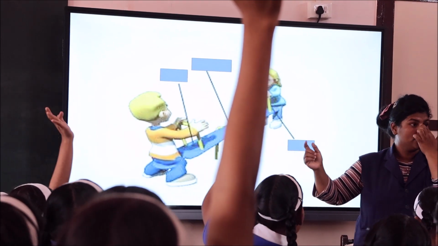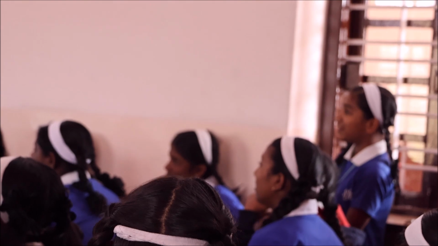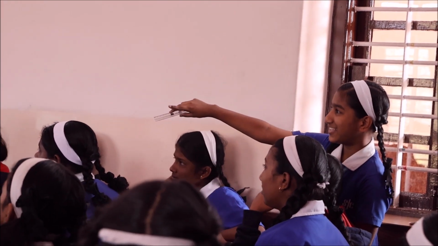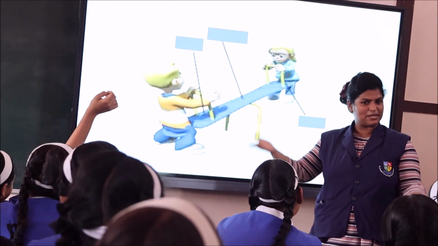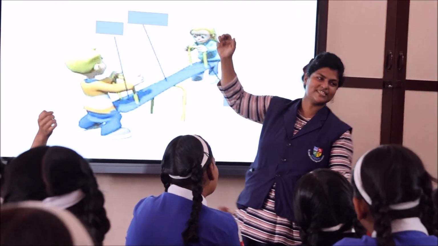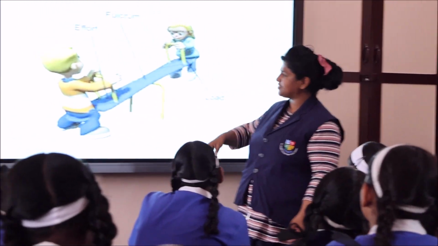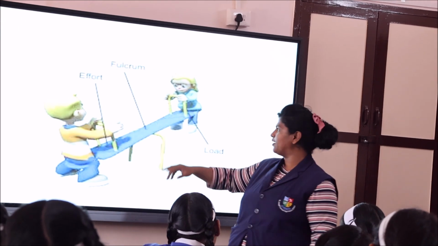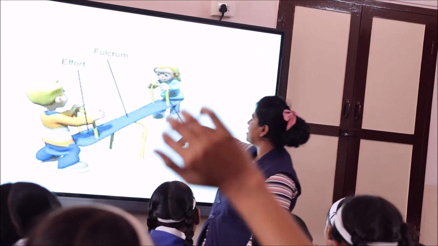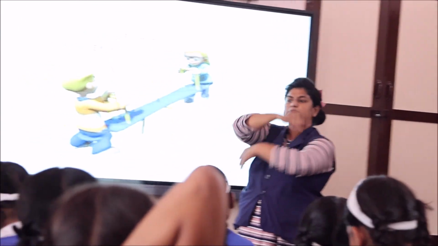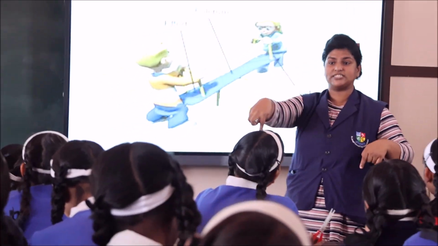Let's see, the center. And where is the load? It can be on both sides, depending on who goes up and who goes down. Let's see your answers. Very good. So here is the effort or here is the load, but it keeps changing, while the fulcrum doesn't change.